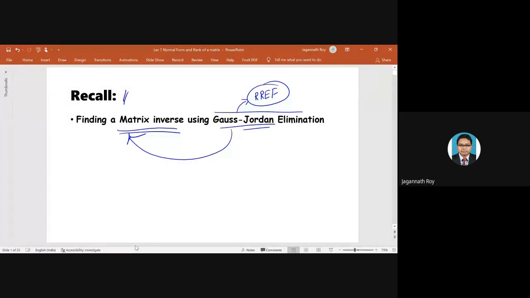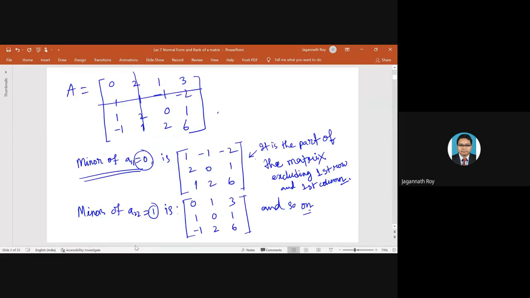Okay. Now, for your information, just two corrections. Number one, in the last class I mentioned the minor of a particular element, for example the minor of A11. At that time I wrote it as a determinant, but that is not correct. It is actually a part of the matrix, so that is why it came as a confusion, whether we have a square matrix or a rectangular matrix.